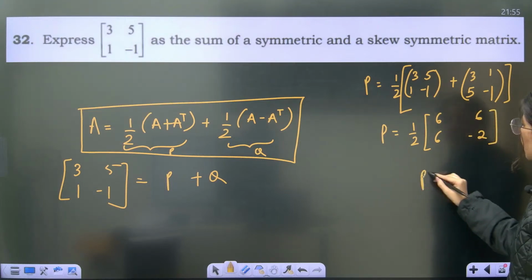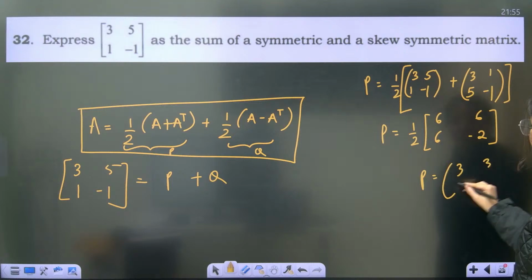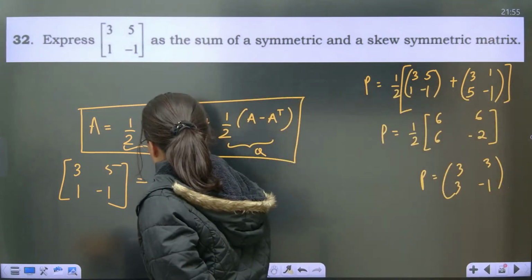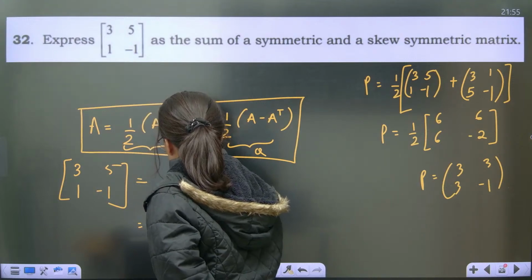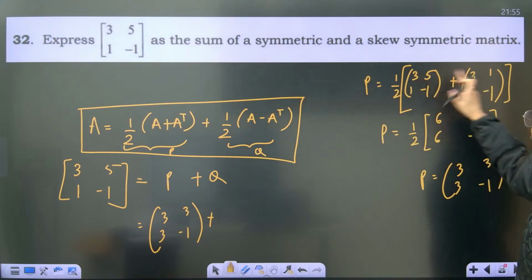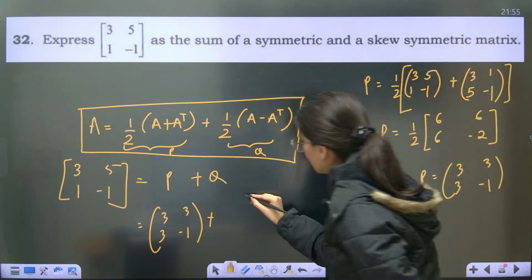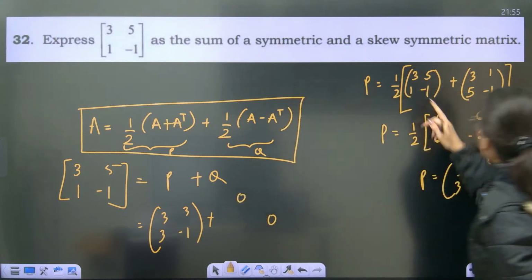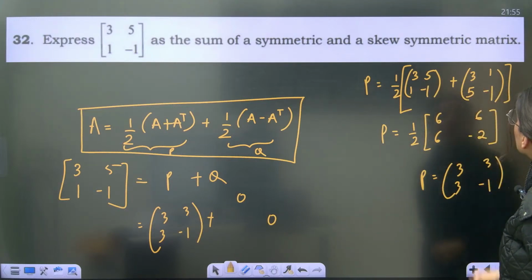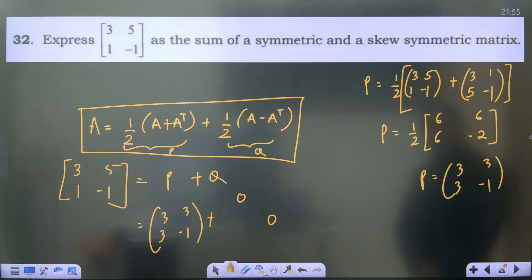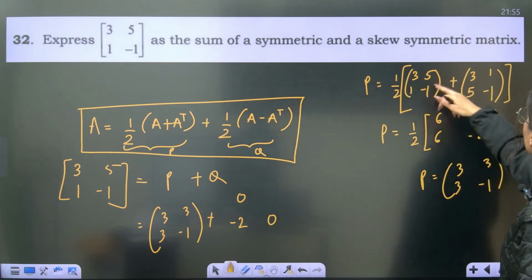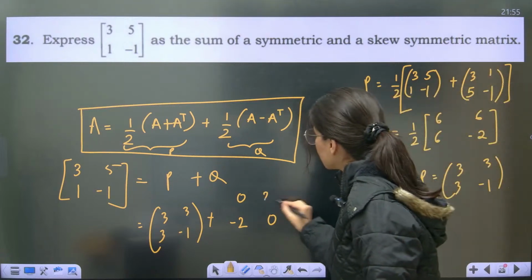So P matrix will be 3, 3, 3, minus 1. Plus, Q matrix is half of A minus A transpose: 0, 0, and if you subtract, minus 4 by 2 is minus 2, and 5 minus 1 is 4 by 2.